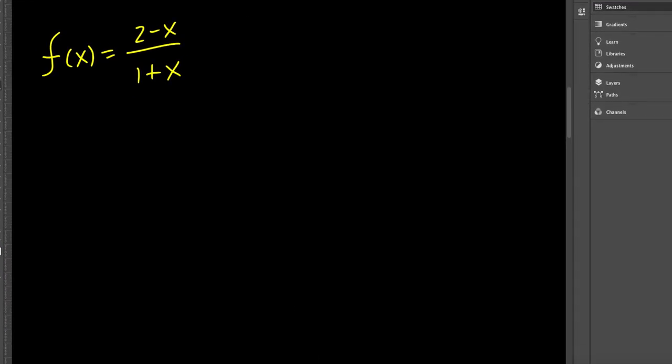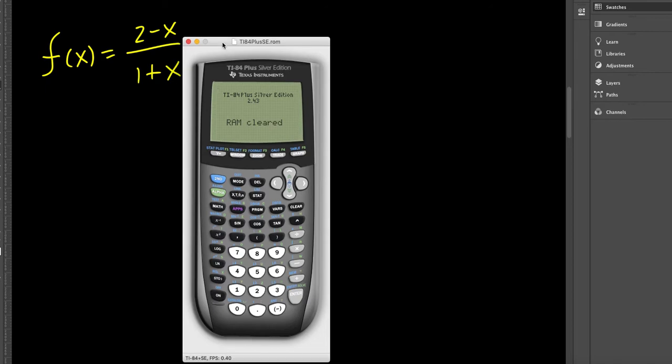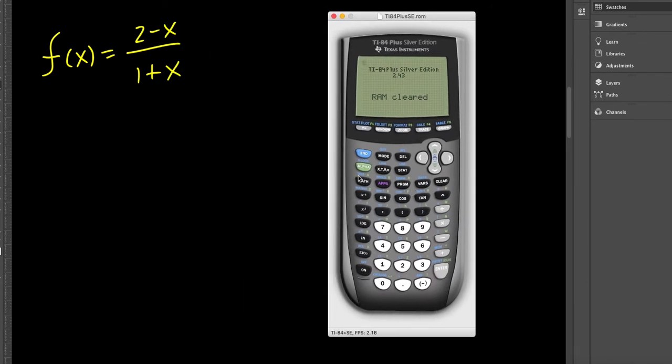I'll do it on the graphing calculator, I guess, so you can practice getting that done. Okay, so we want to graph, and so we're going to say 2 minus x divided by, oops, need a parenthesis, 1 plus x. And we graph that.